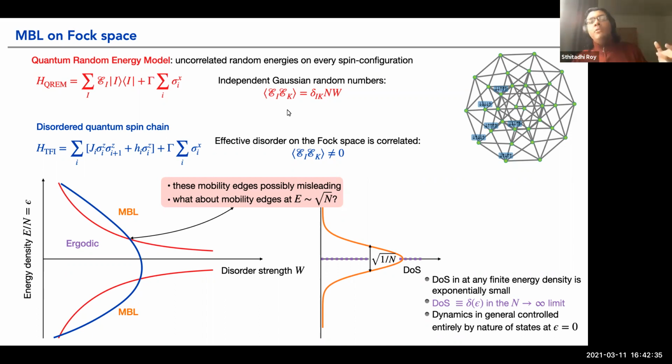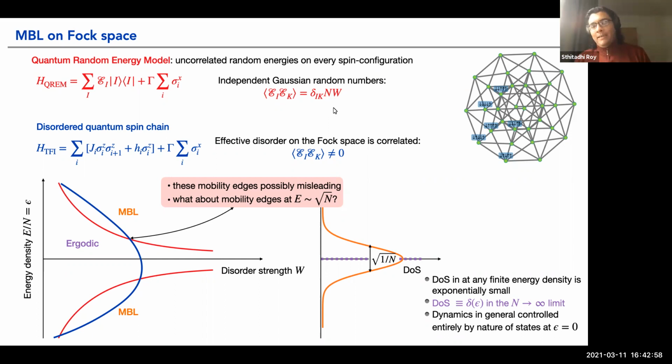And there you know that when everything is order one, the critical disorder goes as the connectivity times the log of connectivity. So you can put in the various rescalings that you want and try to find out whether you have an MBL phase or not.